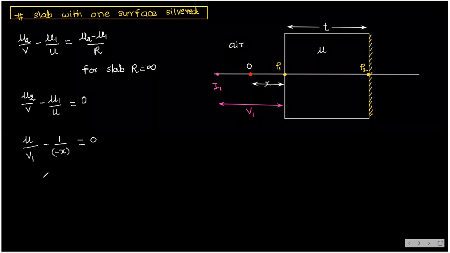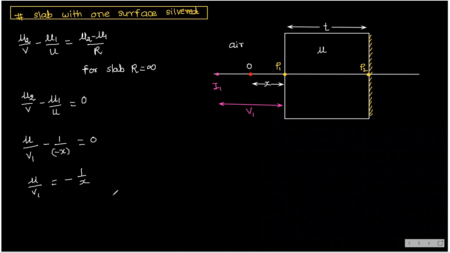Therefore mu by P1 is equal to minus 1 by X, and therefore P1 is equal to minus X by mu. Automatically the sign is coming.